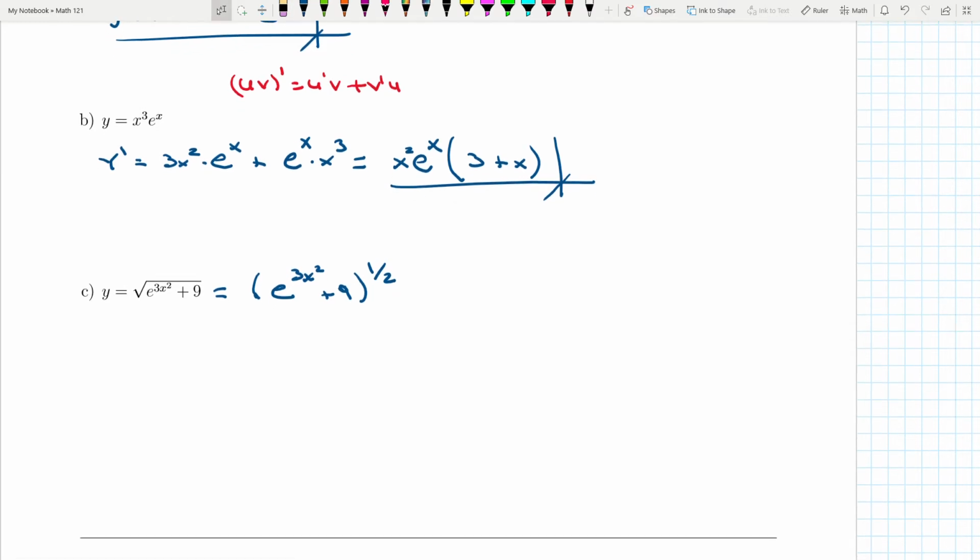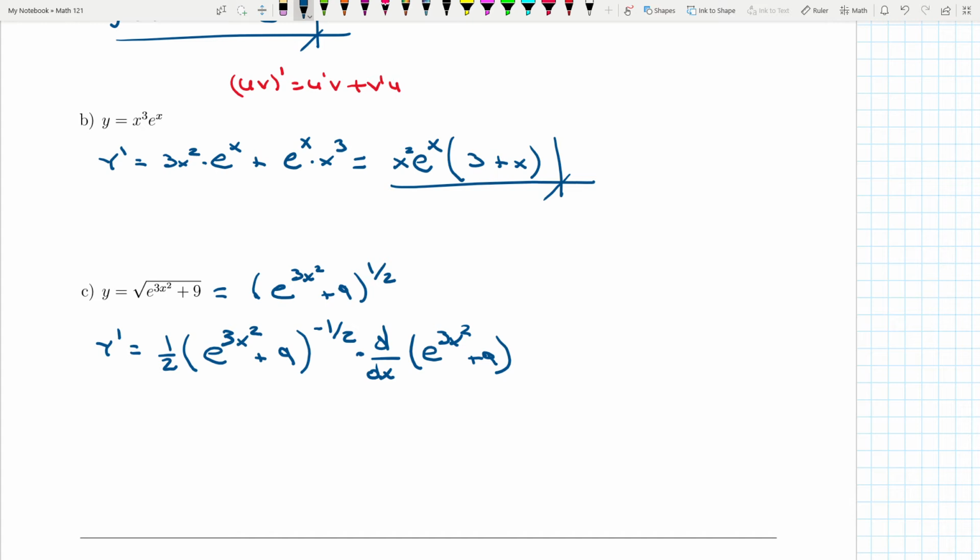In this case, using the chain rule, y prime equals 1/2 times whatever is inside the parentheses, which is e to the 3x squared plus 9, to the 1/2 minus 1, which is negative 1/2. However, because of the chain rule, we need to differentiate this with respect to x.